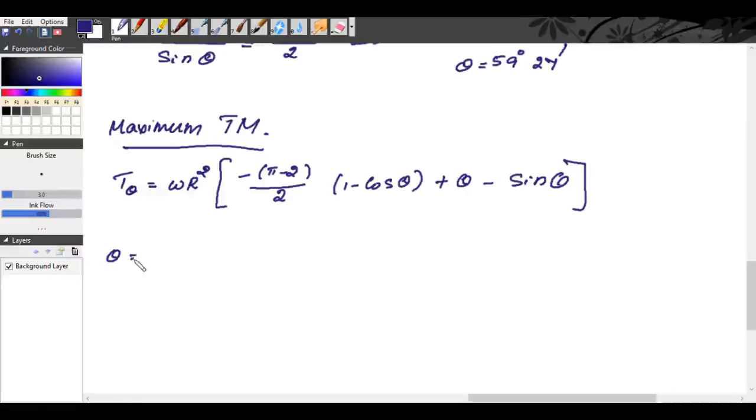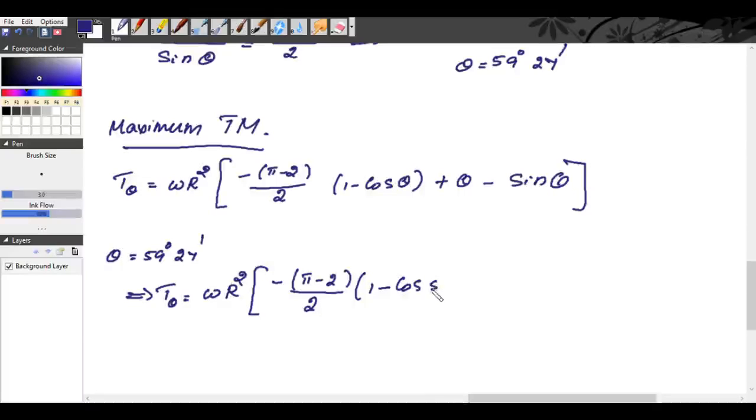So theta is equal to 59 degree 27 minutes. So we get T theta is equal to WR square into minus (pi minus 2)/2 into (1 minus cos 59 degree 27 minutes) plus 59 degree 27 minutes.